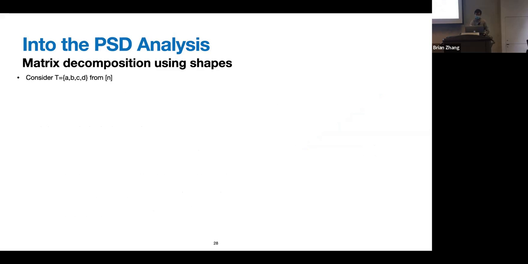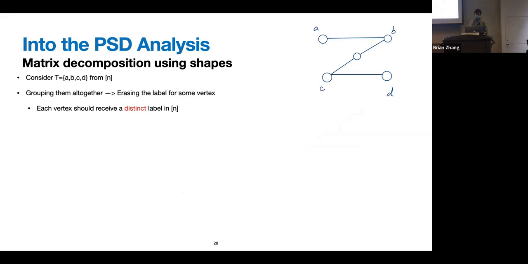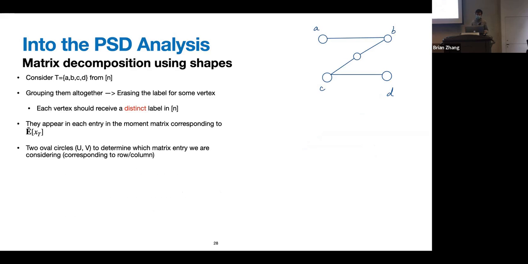And why is this good? Let's see where this polynomial appears. It appears in each entry in the moment matrix corresponding to E_T. And where does E_T appear in the moment matrix? It appears in many places. So we are going to use two additional oval circles, which we call U and V, to indicate which matrix indices we are looking at, corresponding to rows and columns of the matrix.